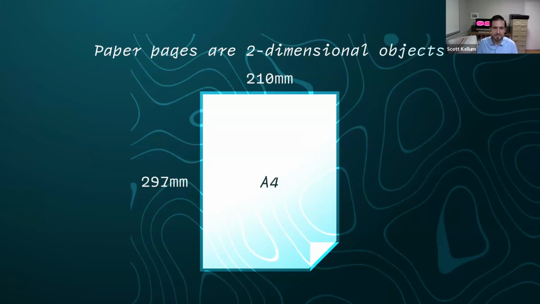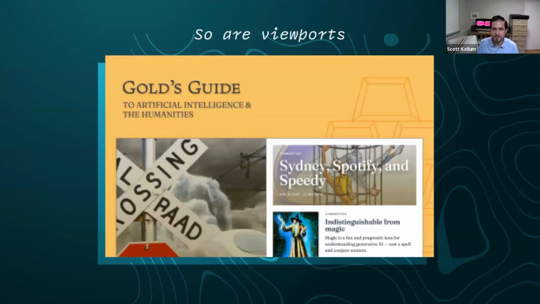So there is the width of a page, and then there's the height of a page. It's a 2-dimensional object. We know kind of what we're working with there, and that there's nothing more than those 2 dimensions. Viewports are, by and large, 2-dimensional as well. We have a width and a height that we work with on that viewport.